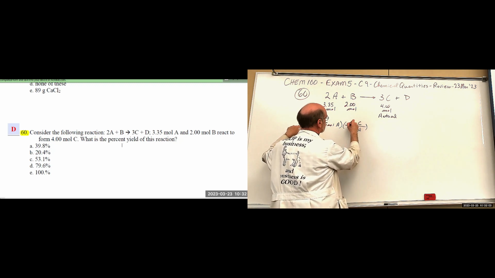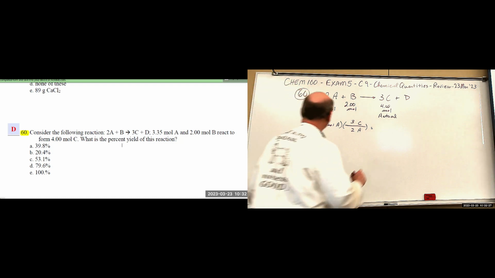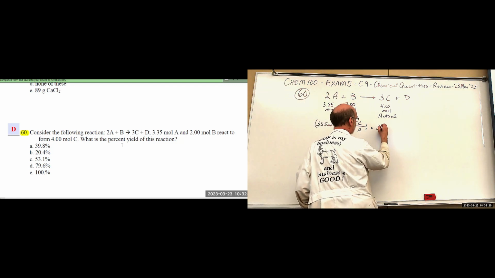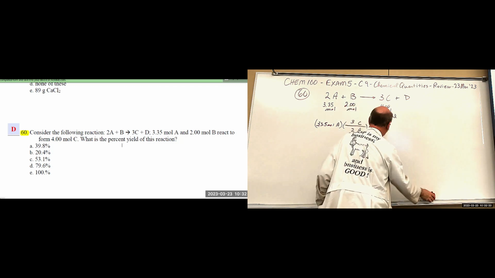A to C. C is 3, A is 2. So 3.35 times 3 divided by 2. There we go. 32.4. No, 3.24.